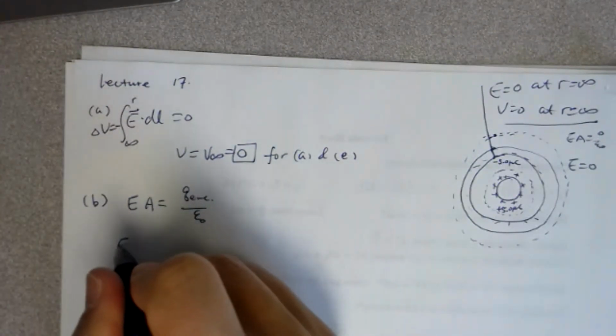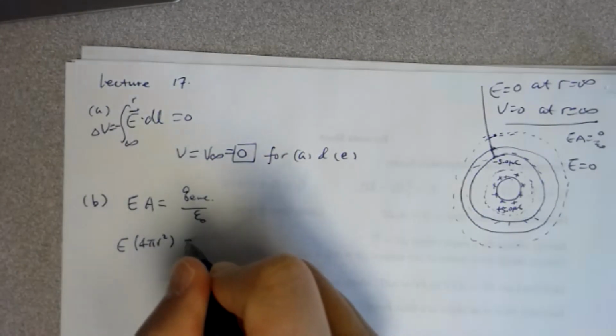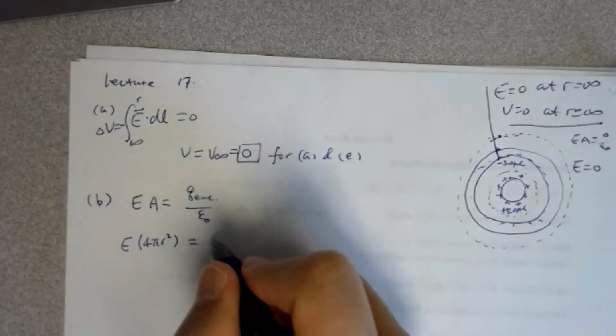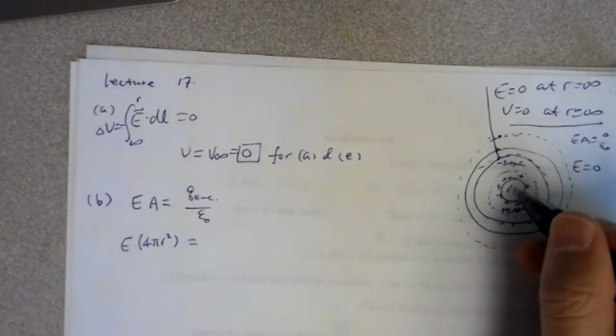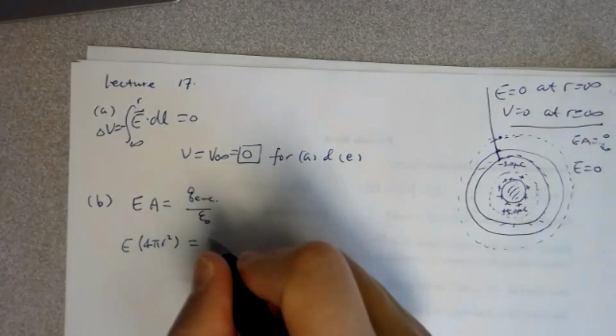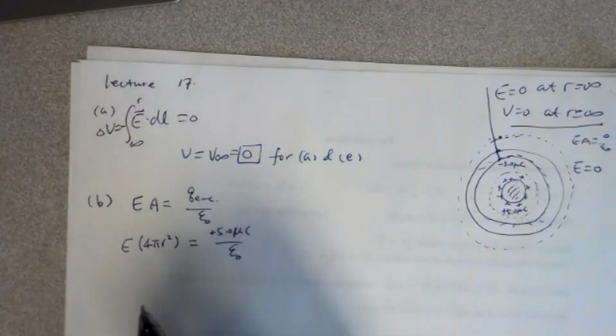So E would be the constant you're looking for, times 4 pi R squared, the Gaussian surface. Q enclosed will be the charge on this inner sphere, which is positive 5 microcoulomb, over epsilon naught, okay.